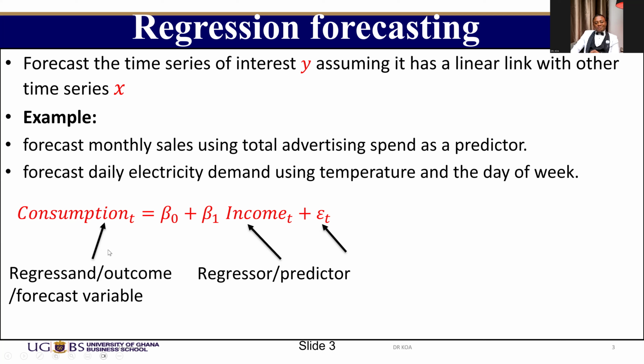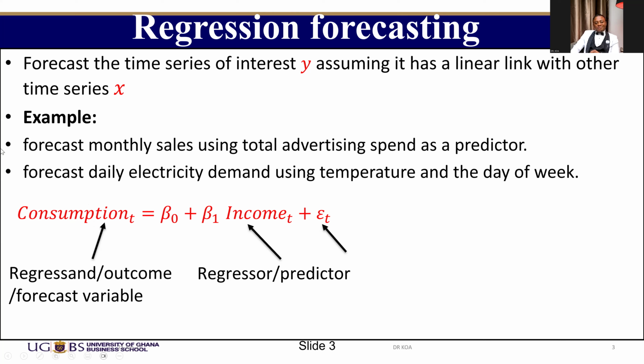So apart from omitted variable bias, apart from misspecification errors, it can even be other variables that are not included in this model.